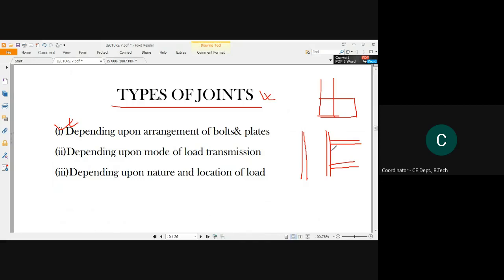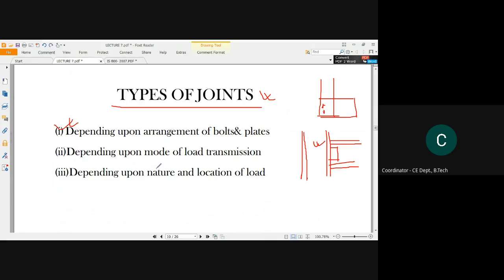So the web part of this member and the flange part of this member are connected. So this type of connection is different from this type of connection. So depending upon the arrangement of bolts and plates, through this we can justify the type of joints.